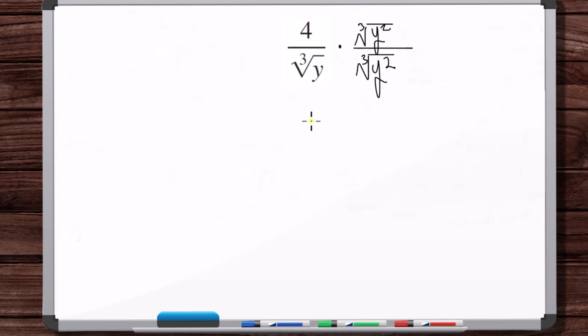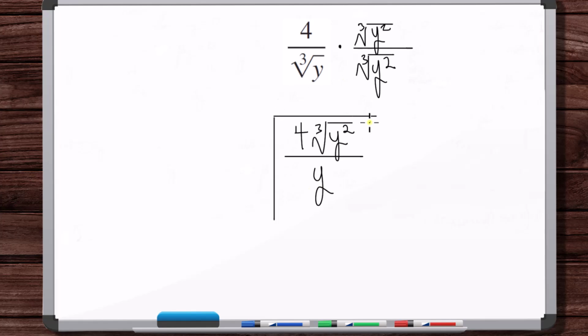Now what we get is 4 times the principal cube root of y squared. But what are we left with in the denominator? Like y times y squared? No, it's just going to be y to the 1st, right? y to the 1/3 times y to the 2/3.